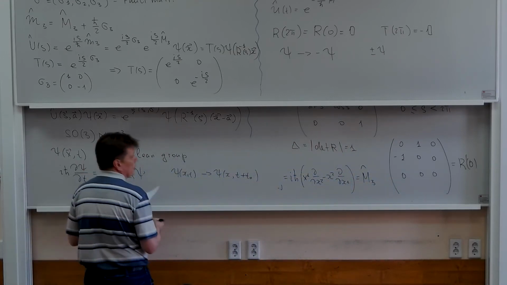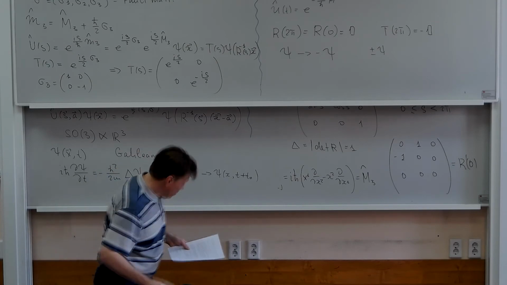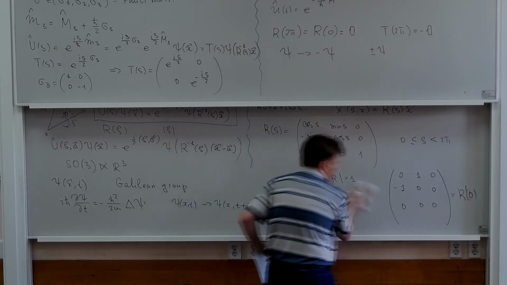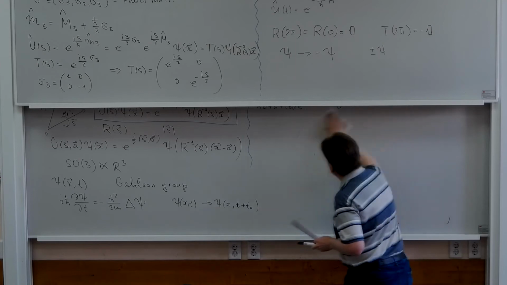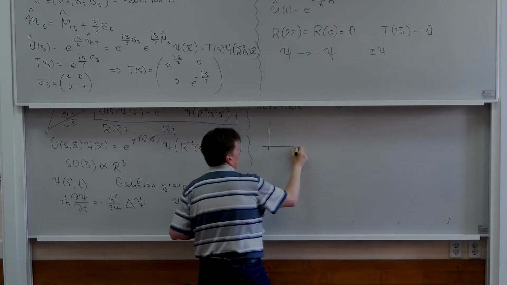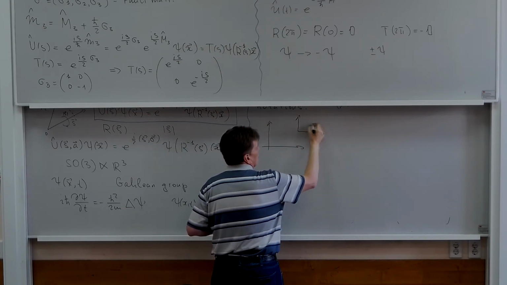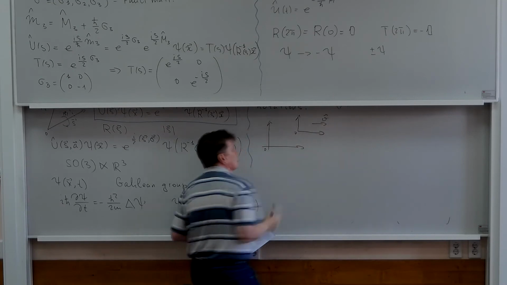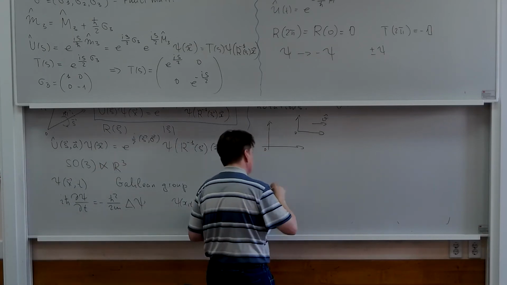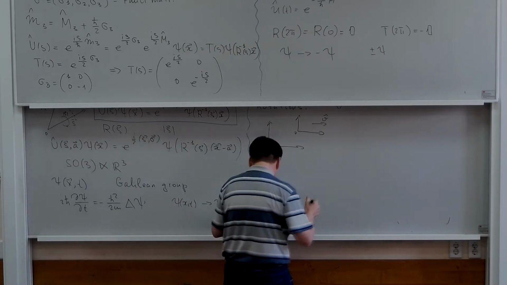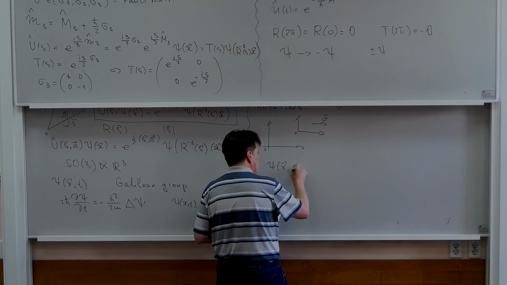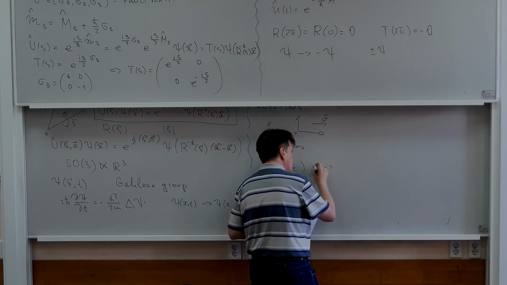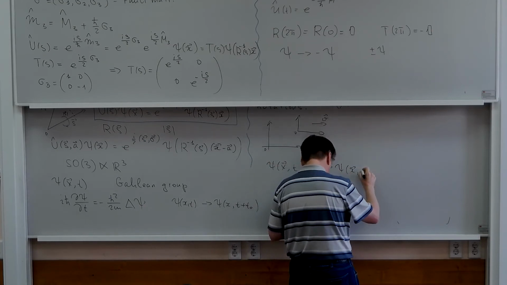As for transitions to another inertial reference system, moving with some constant relative velocity v, the corresponding transformations of the wave function are given by less obvious formulas, namely psi of x, t goes to psi of x minus vt.